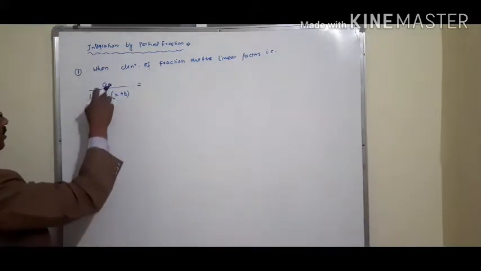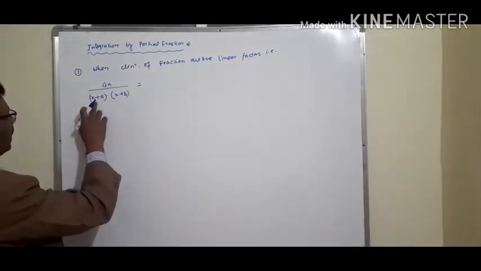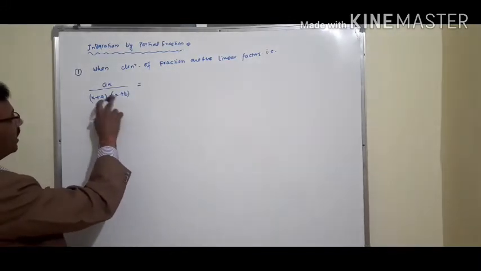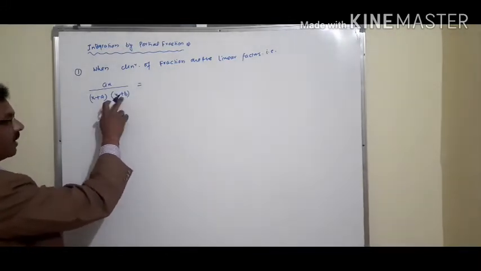Now you see here ax upon (x plus a) into (x plus b). That means the factors of the denominator are linear factors.